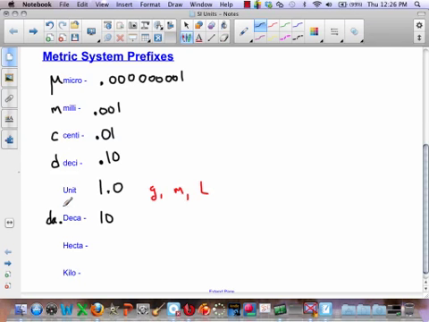You usually go right to kilo. Hecta is basically 100, represented by a lowercase h, and then a lowercase k for kilo. Kilo is 1,000. All right, any questions over those prefixes?